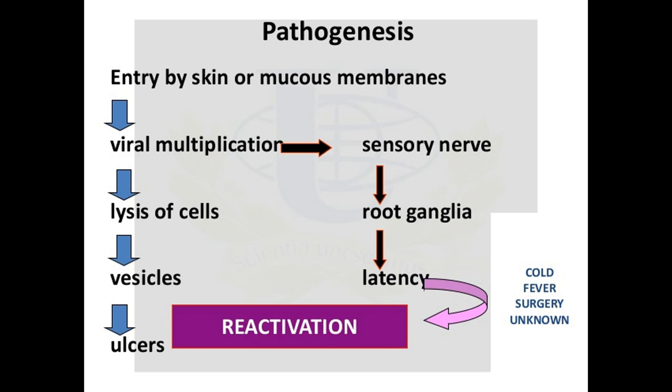The non-replicating state: herpes simplex virus doesn't replicate in the latent stage except for a small RNA called microRNA, which maintains the latent infection and prevents cell death. The virus cannot be isolated during latency.